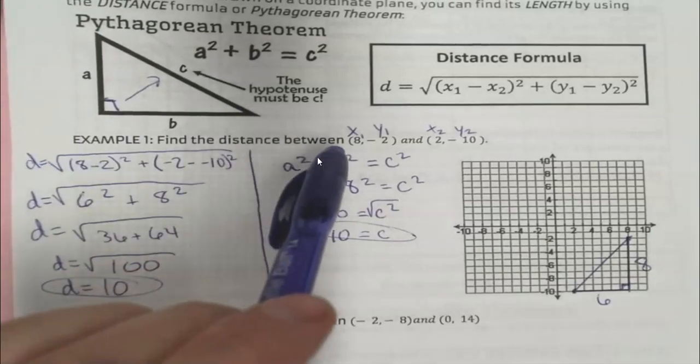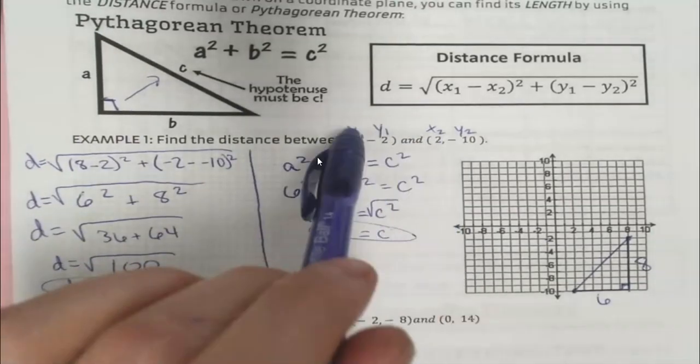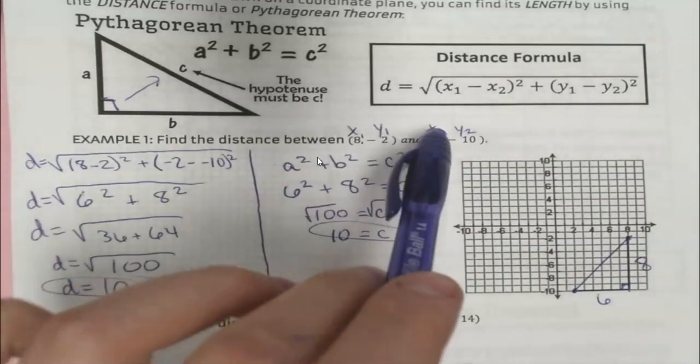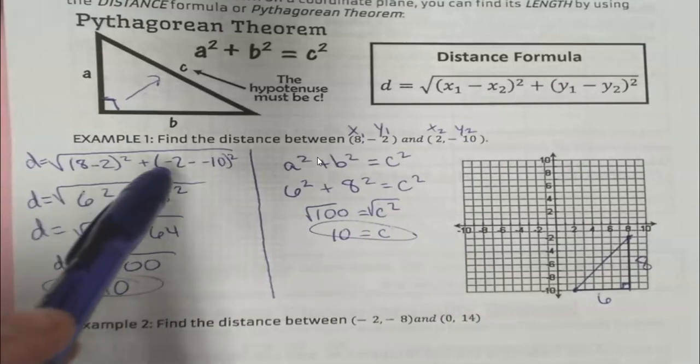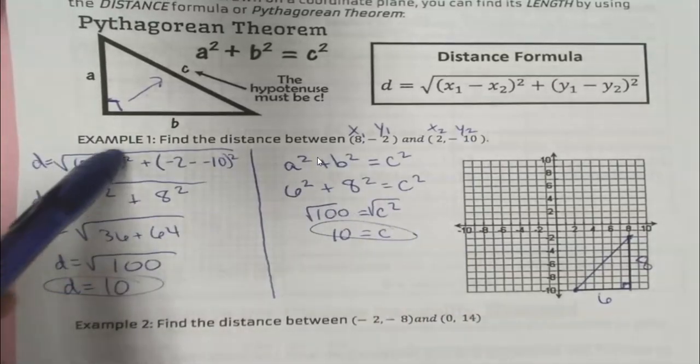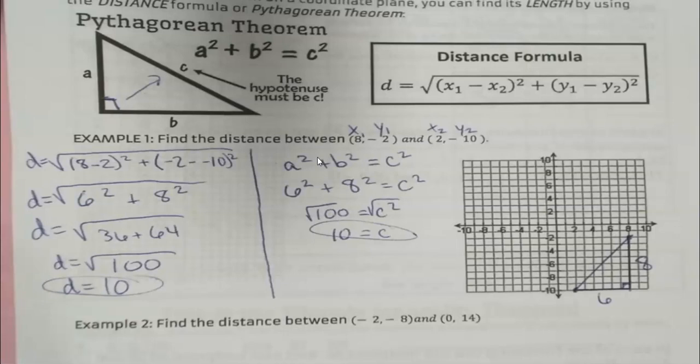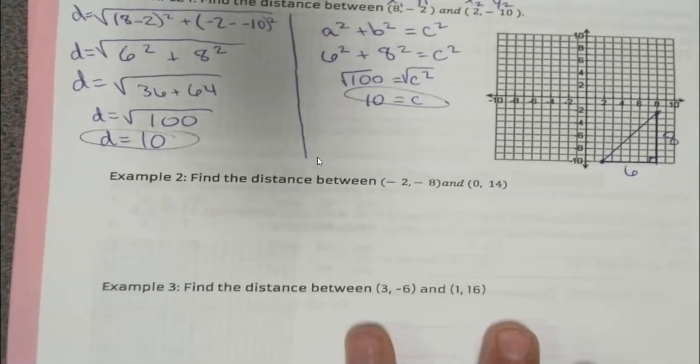The difference of the x's would be your A. The difference of your y's would be your B. And then your C is going to be your distance. But they're essentially the same thing. It's just two different ways to solve it.